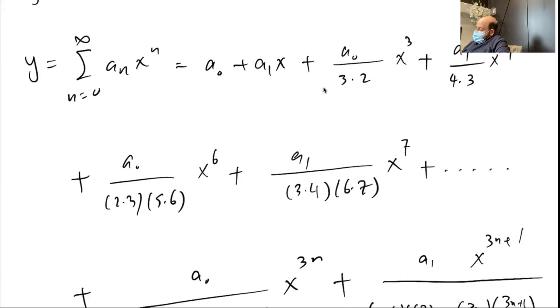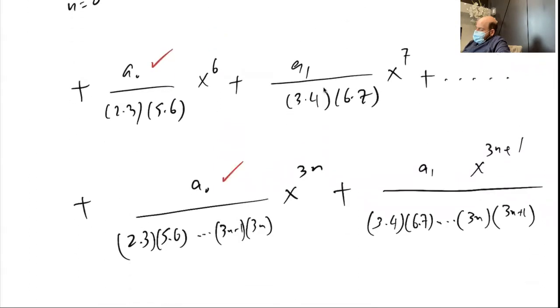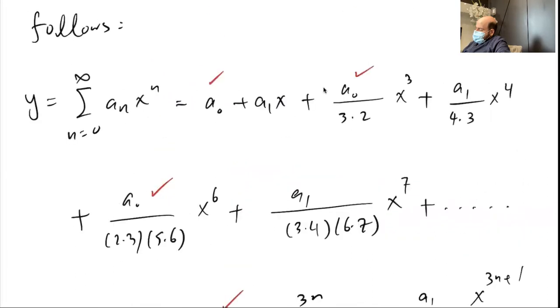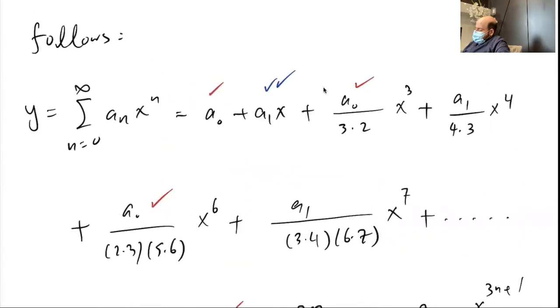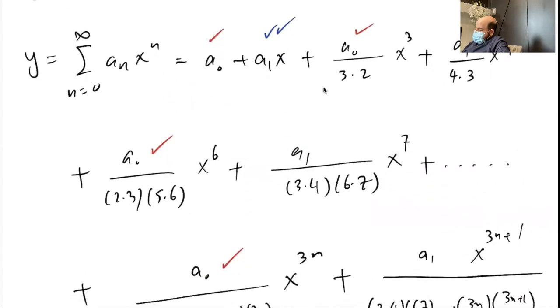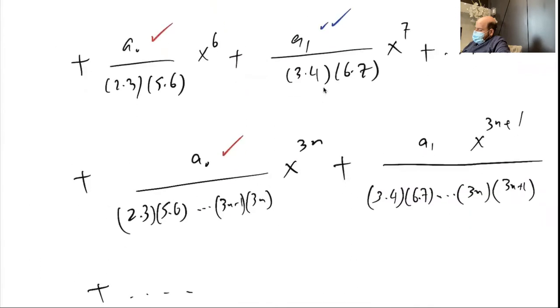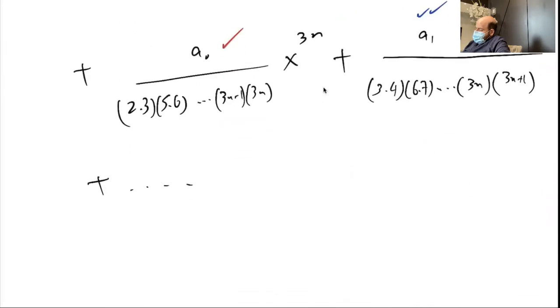So now I can match the terms that contain a0 and factor a0 out, and the terms that contain a1 and factor a1 out. And then I'll be left with what? a0 here, a0 here, a0 here, a0 here, and similarly a1 here, a1 here, a1 here, a1 here, and so on.